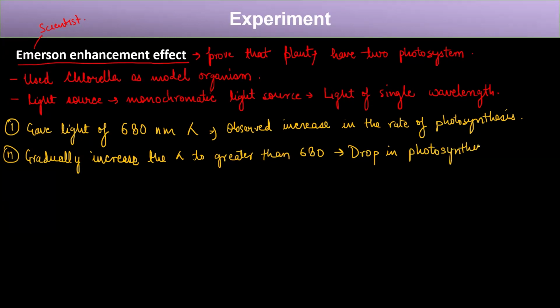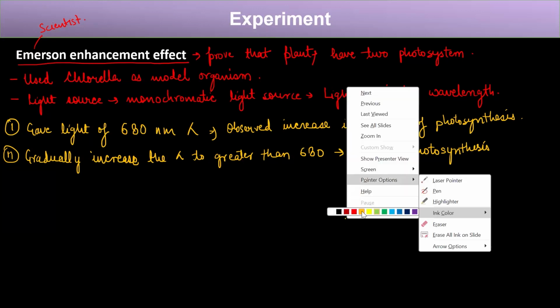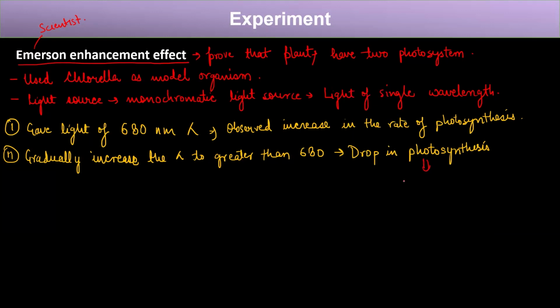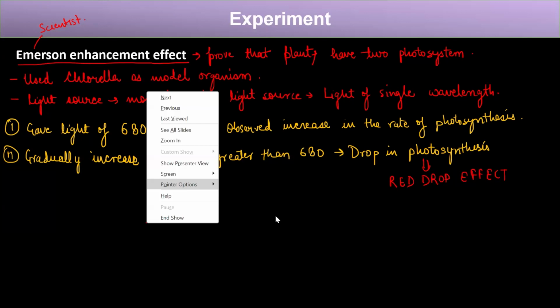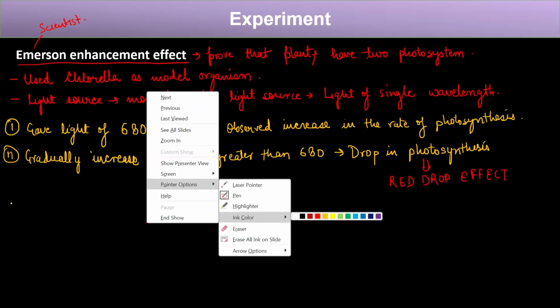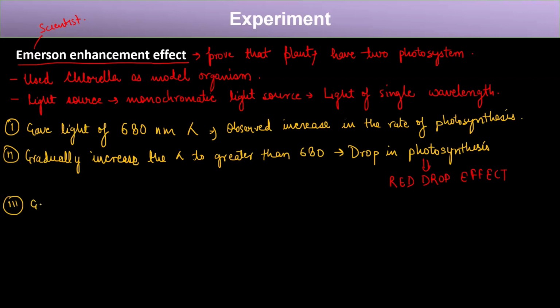One might think, why did it drop, right? So there was a drop in photosynthesis, and he called this effect the red drop effect. Okay, now he performed the third set of experiment where he gave a light of wavelength 700 nm.